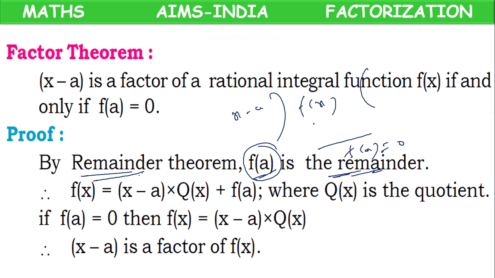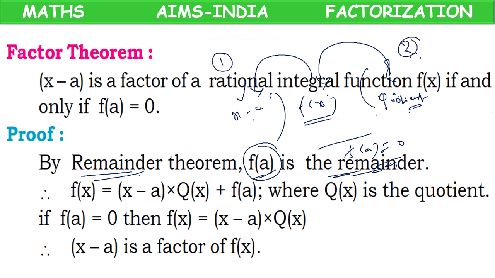Along with this dividend, divisor, remainder, we will also get a coefficient here, which will be the second factor of f of x. For f of x, x minus a will be the first factor and the coefficient will be the second factor, and this is the remainder.